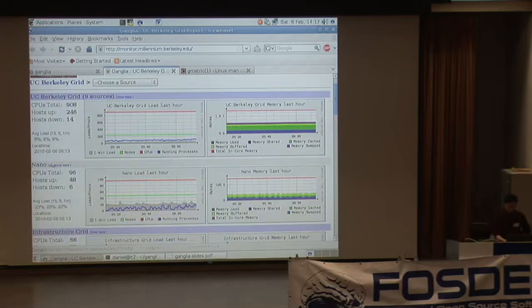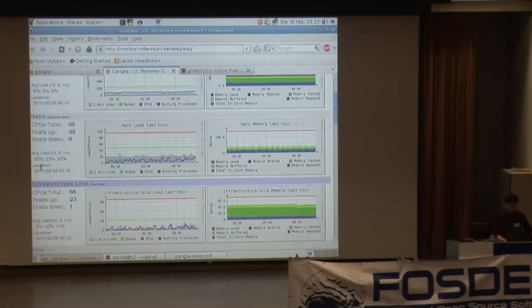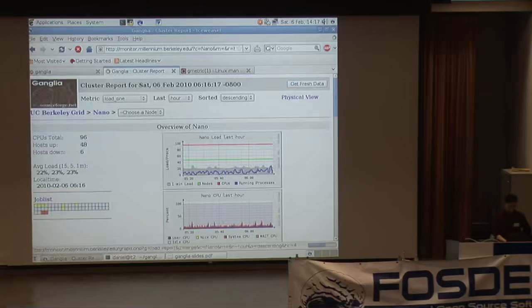This is one cluster, which you can click into. This red line tells you the number of CPUs in this cluster. This is the number of running processes here. The gray stuff is the load.